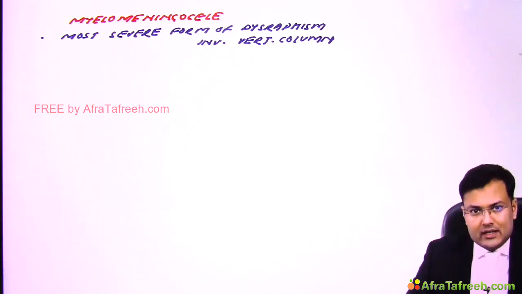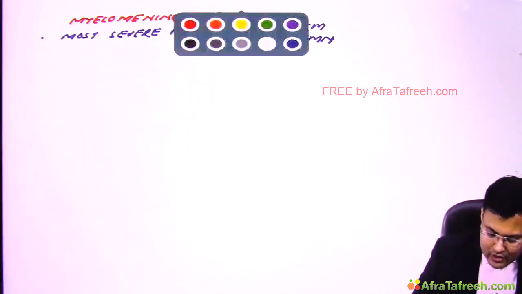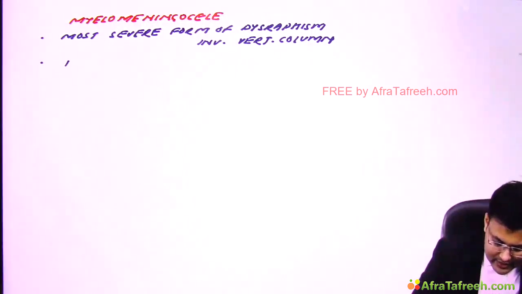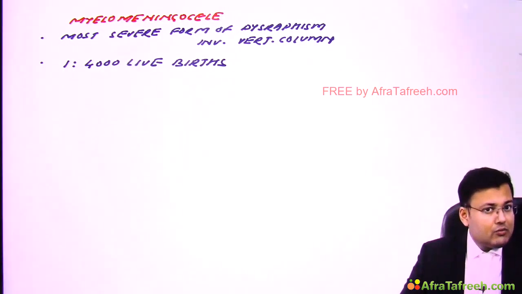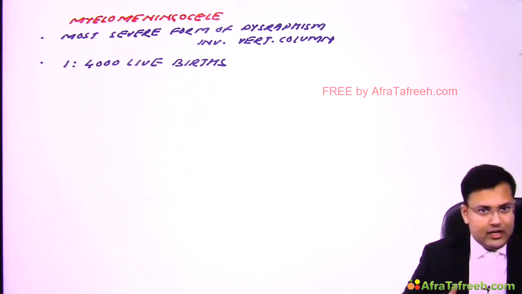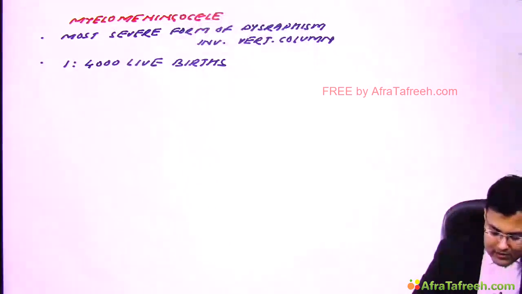Now coming to the incidence. The incidence of myelomeningocele is 1 in 4,000 live births. One question which is frequently asked is the most common site of myelomeningocele, and you must be knowing it is the lumbosacral region.